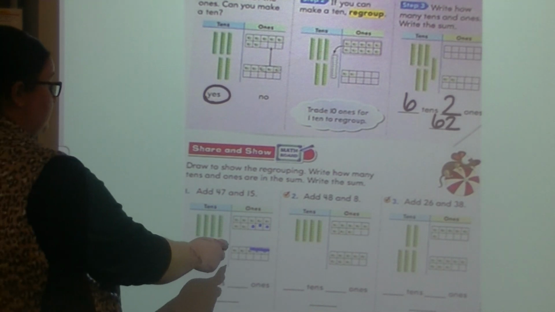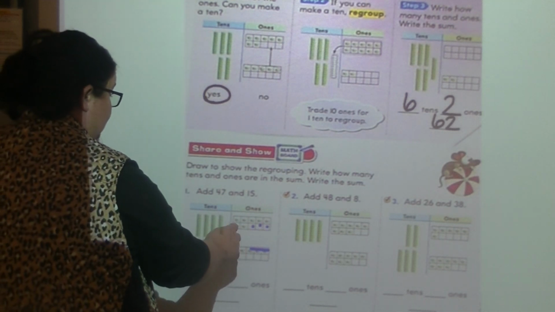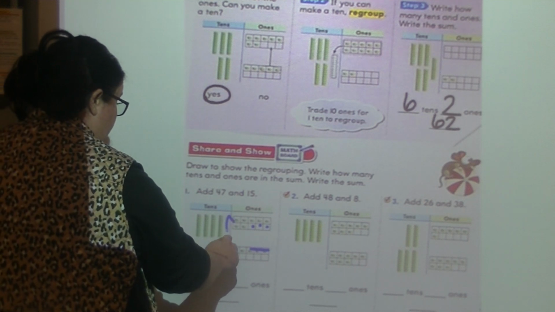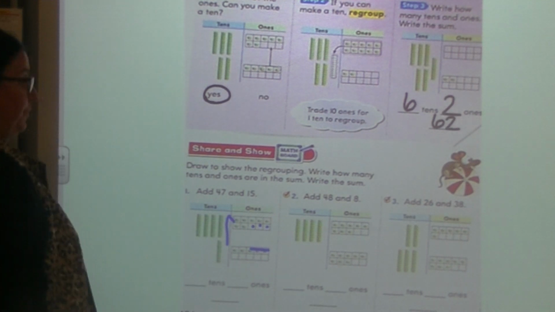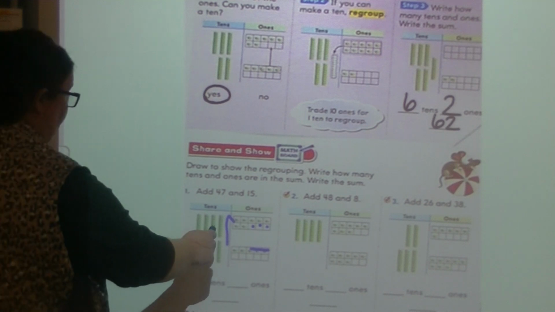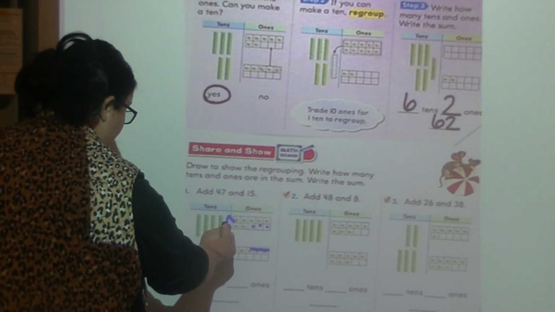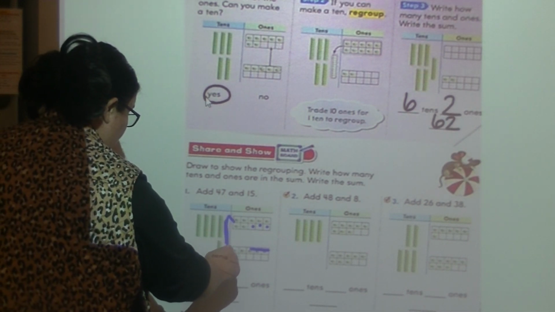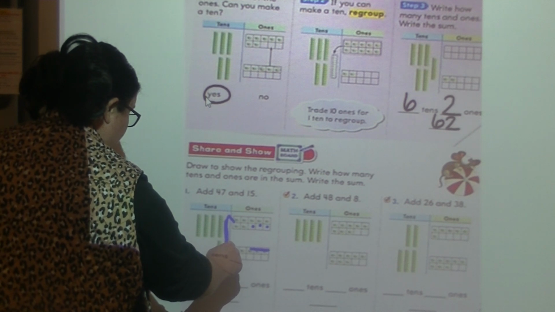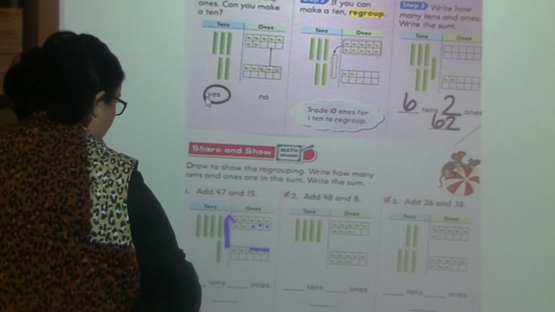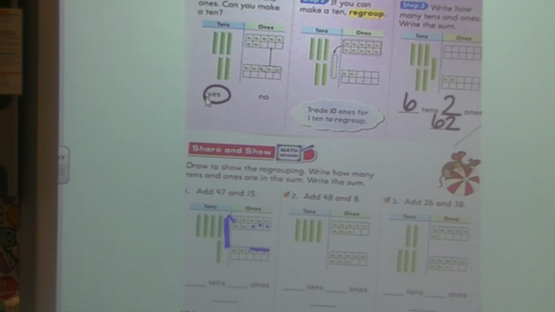Now, this is going to move over because now we have 10. It's going to move over as a group of 10. So I drew a line with my rectangle. Okay.